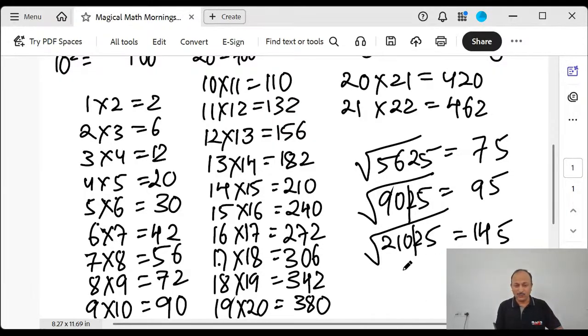Same way, square root of, if we say maybe, 38025, 19 into 20, you see this, therefore 19 will come here and 5 will come here. With these numbers, is it much easier for us to try? Correct. I hope you understood this trick.